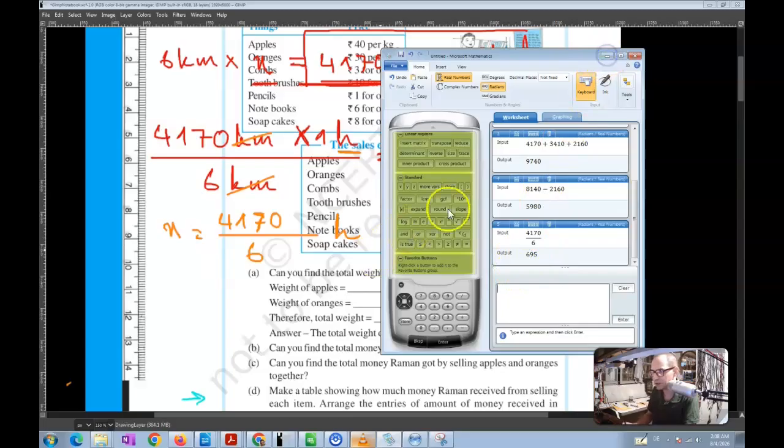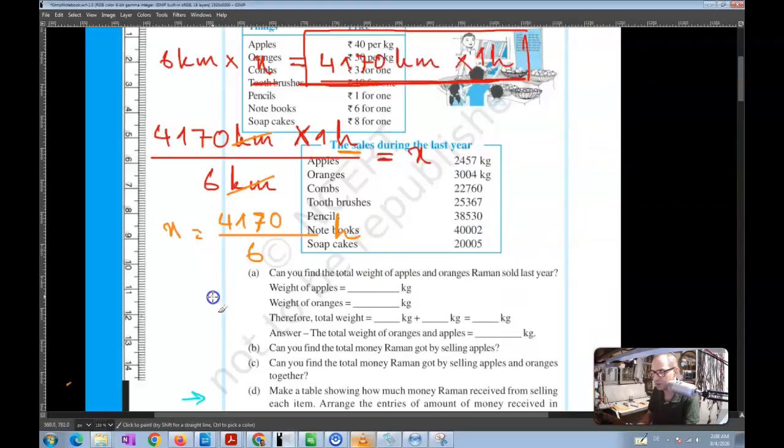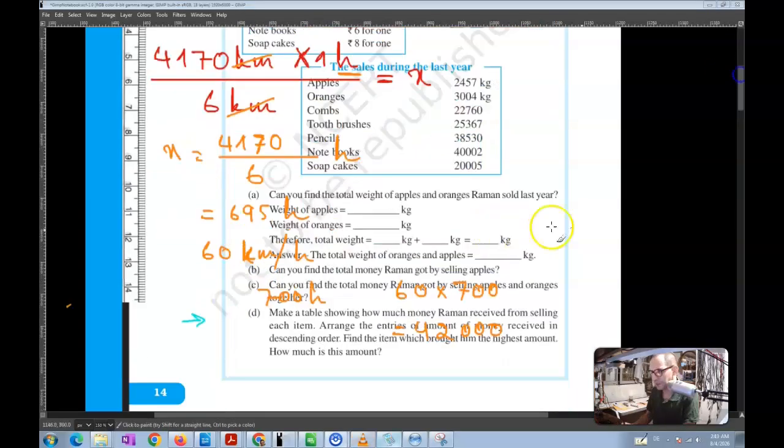So this should be 695 hours. Now you just simply need to make sure that your answer also makes sense or not. And to me this answer doesn't make much sense because the answer is way too large.